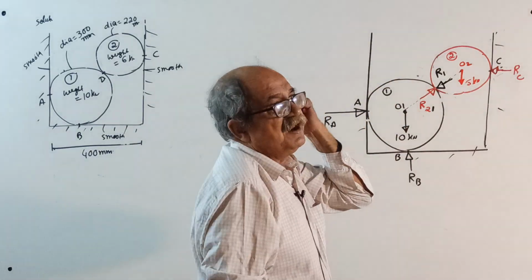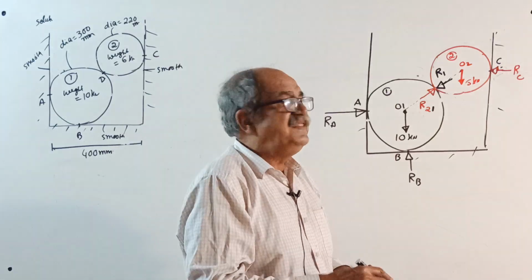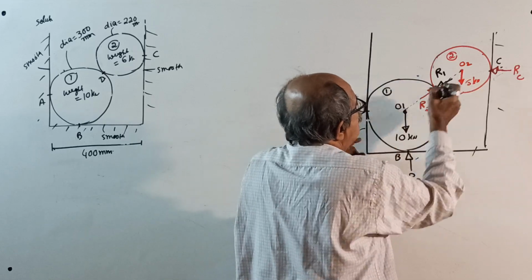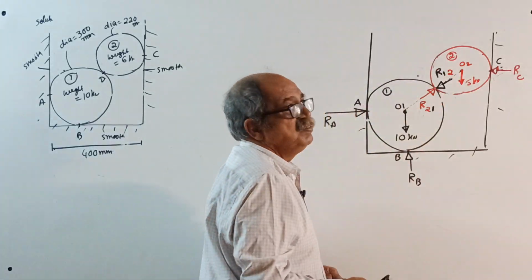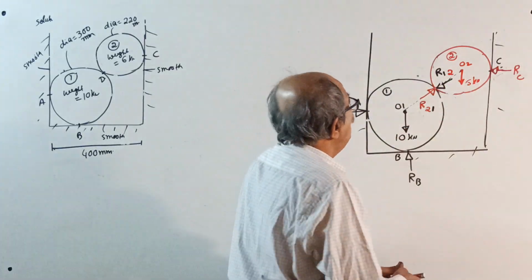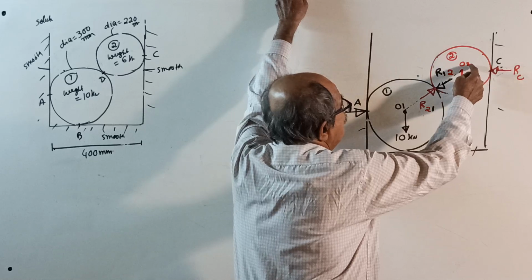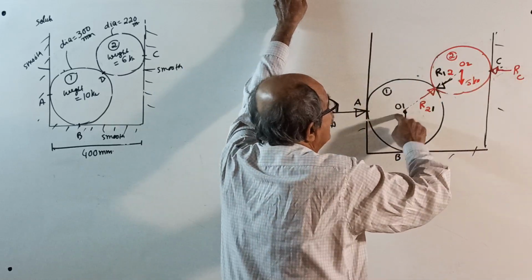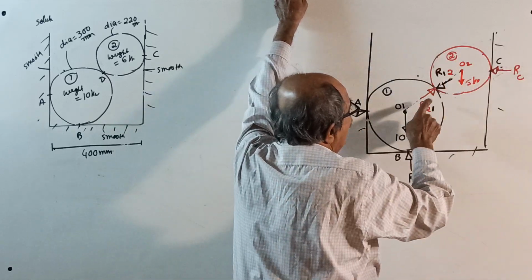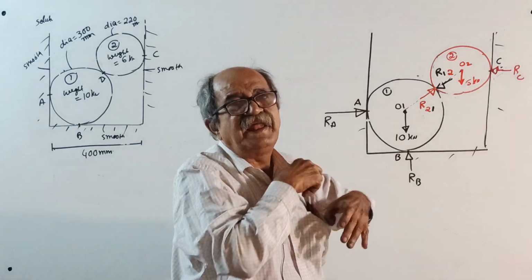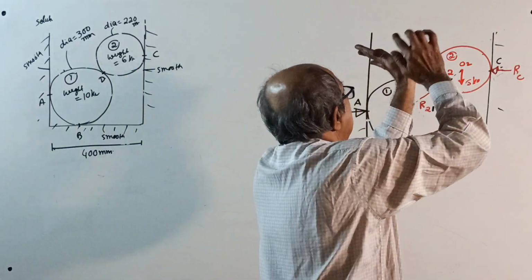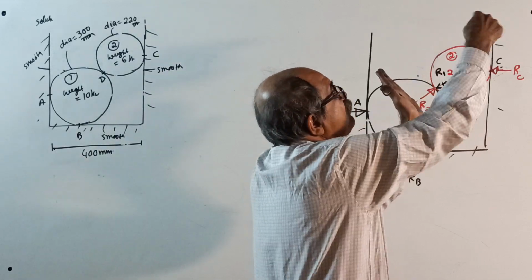Either you can call it reaction or action, anything. Or if this is reversed, R1,2, from 2. Or in simple language, you can say how much force from cylinder 2 on cylinder 1, force on cylinder 1 from 2, this way.